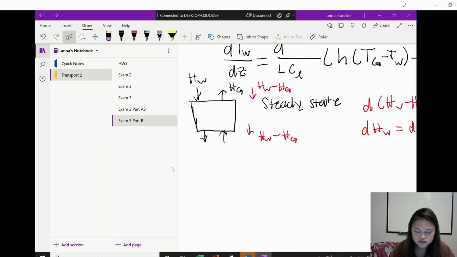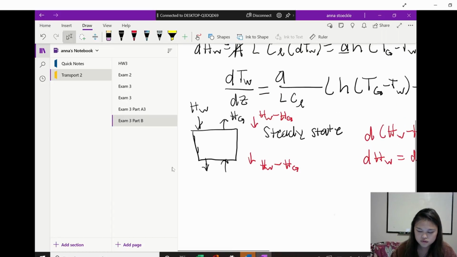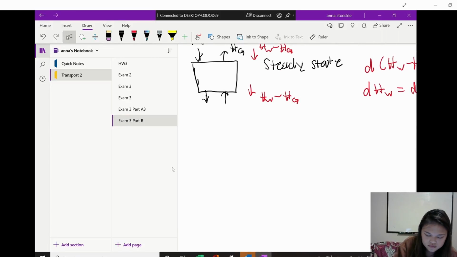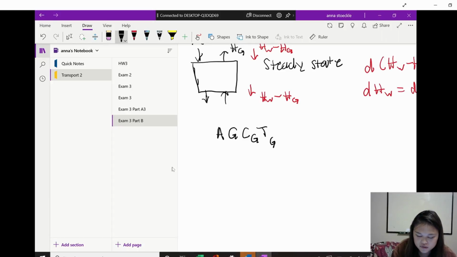So now I want to look at the enthalpy of the air that is coming from two different places. So let's look at it this way. We have this area times that gas flow rate times that heat capacity of the gas multiplied by that temperature of the gas, and this is looking at the gas flow rate in particular. And now we want to look at that water vapor that brings enthalpy as well.